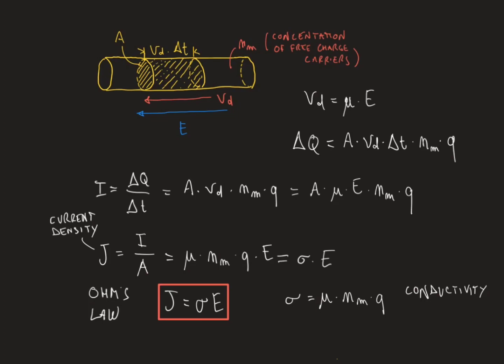Apart from Q, which is a universal constant, mu, the mobility, depends on the metal we are using, and also the concentration of free carriers, N sub m, depends on the material that makes up the wire. We already know that Q, the elementary charge, is approximately 1.6 times 10 to the minus 19 Coulomb.